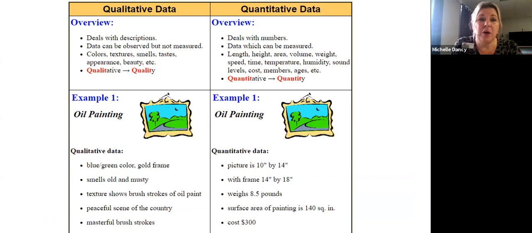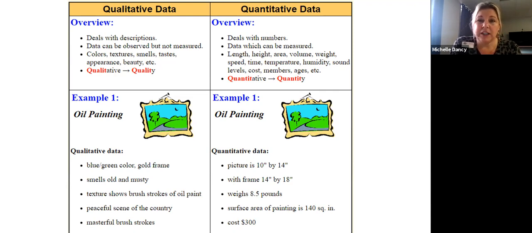So let's look at some examples. So a little overview, qualitative descriptions. Data can be observed, but not measured. If I'm trying to determine the smell of something, I don't measure that, I observe it. If I'm trying to determine somebody's name, marital status, married, single, divorced, I don't measure that, I observe it.